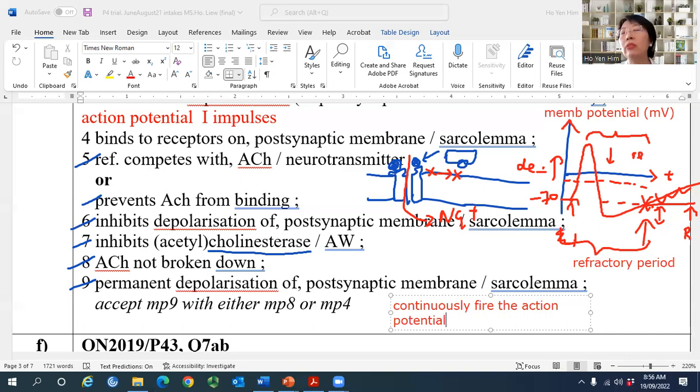Then it will be paralyzed, because there's not enough ATP and not enough oxygen. If you keep on working, don't you become tired? Your muscle also becomes tired, because there's not enough oxygen to produce enough ATP for muscle contraction, since I'm going into anaerobic respiration. Then I need to rest.